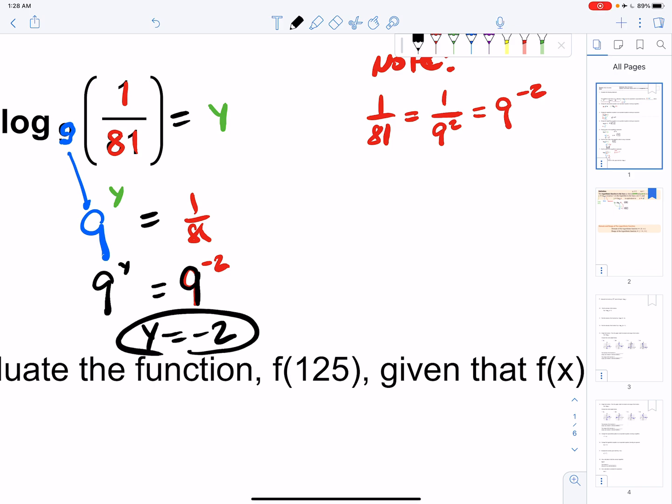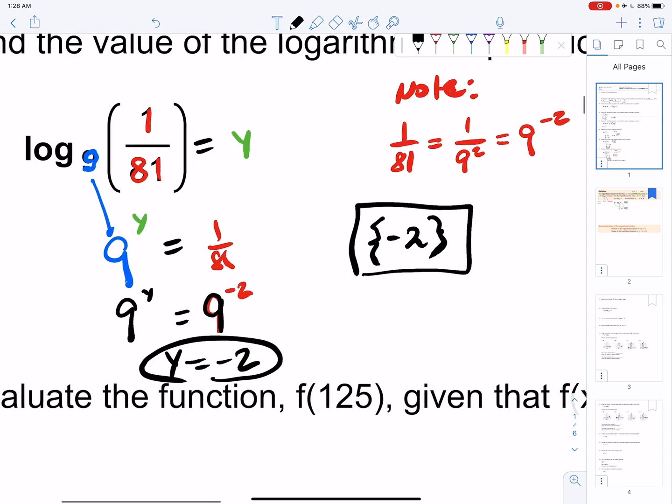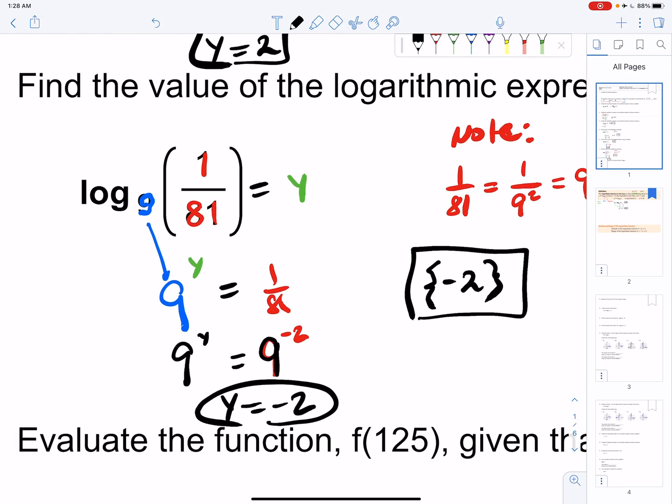And so there's my answer. Of course, they're asking us to write it in this format using braces. So the answer is negative 2. We wouldn't want to say y equals negative 2 because there really wasn't a y in the original problem. We just want to say that this whole thing right here equals negative 2.